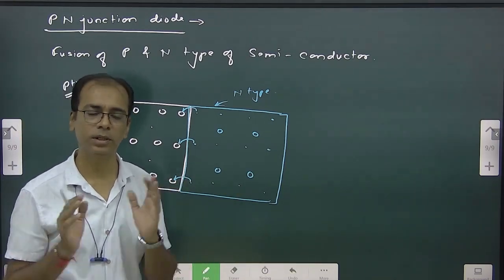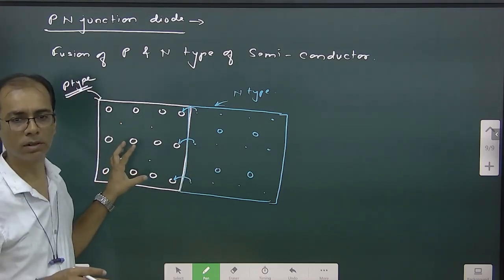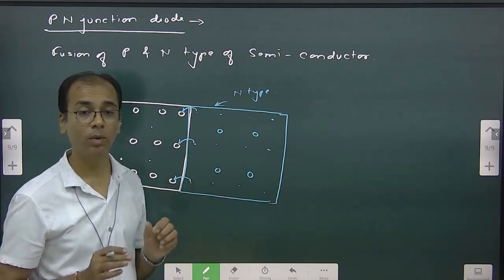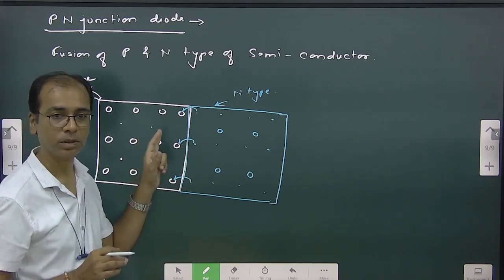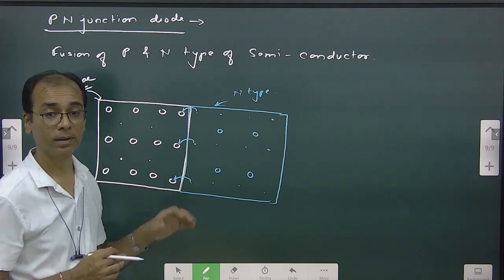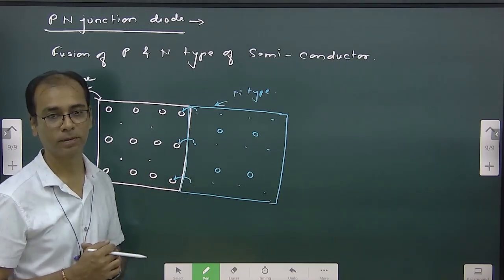No, everything is inside. So this is a neutral crystal, and this is also a neutral crystal. Now, what has happened? Electron from N jumped to P-type. So what will happen? This became negative and this became positive.